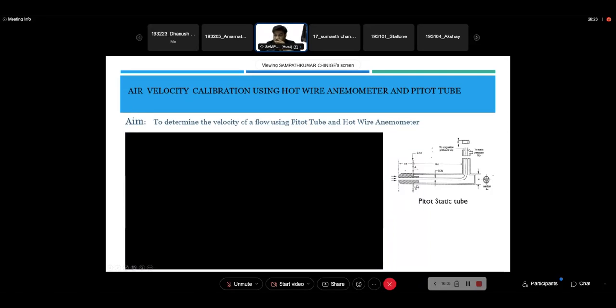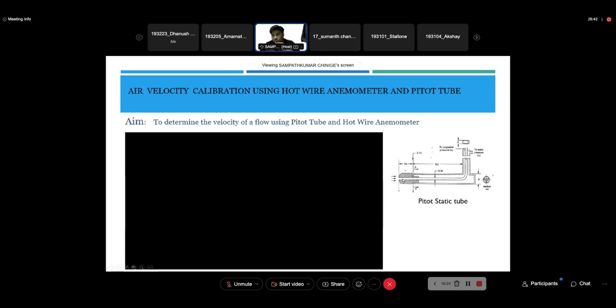I'm also giving you the design perspective of a pitot static tube. The top piezometer and the single pitot tube together are called the pitot static tube. Initially, the 90 degree bent tube was called the pitot tube.